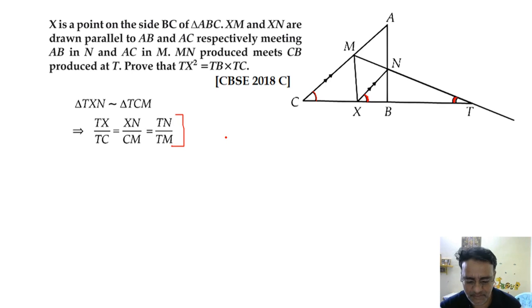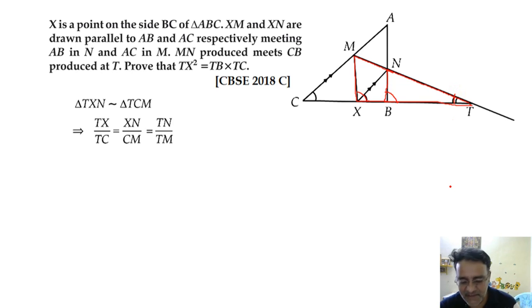Clear? Yes, sir. Okay. Now similarly one more triangle you can show. कौन सा बता रहा हूँ? This one, TBN, and the second triangle is TXM. These two angles are equal, corresponding angles, and this is common.